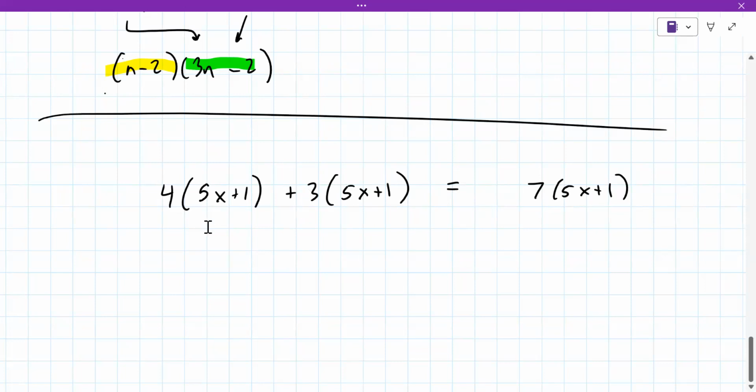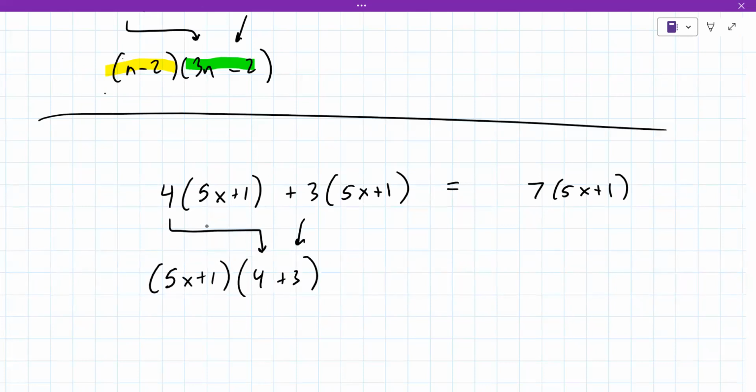Now, if you factor the 5x plus 1 out of both, you bring the 4 down, you bring the 3 down. What does 4 plus 3 become? 7. And it still works. So if something's in both, you can factor it out and add the other stuff.